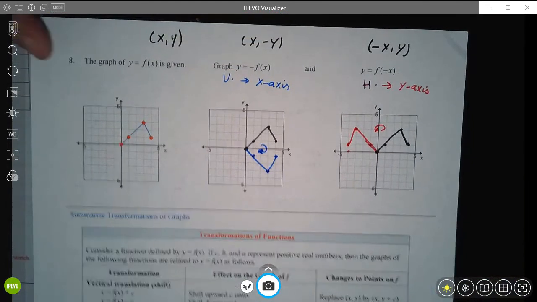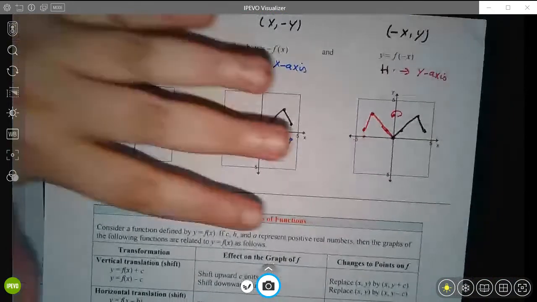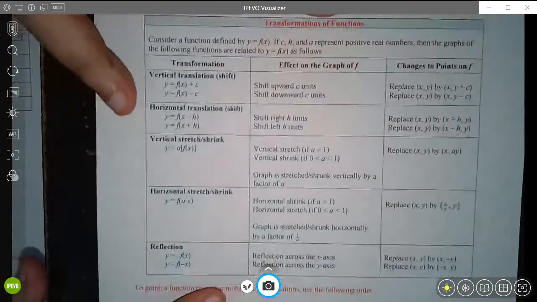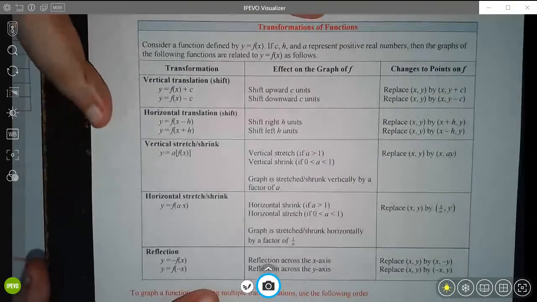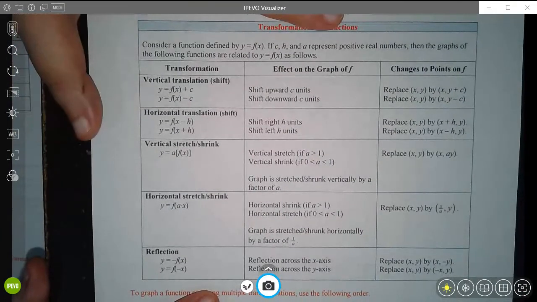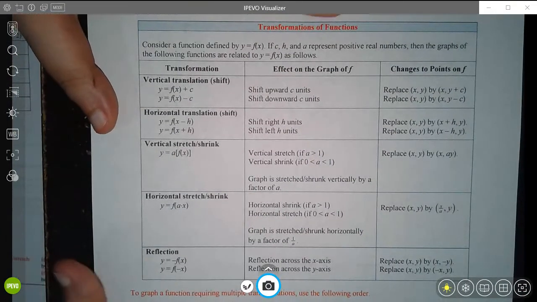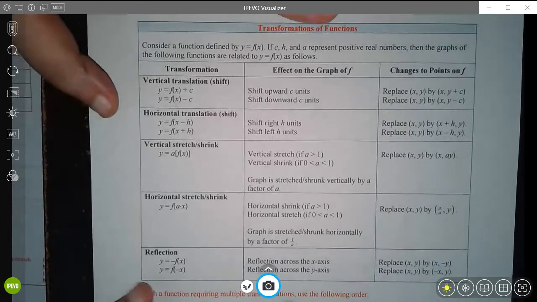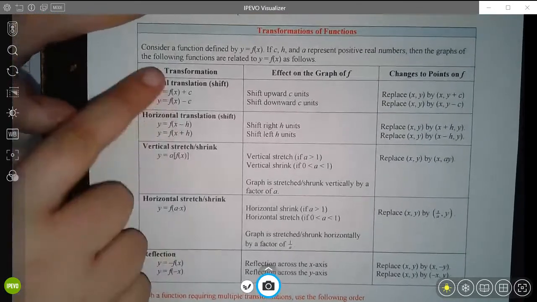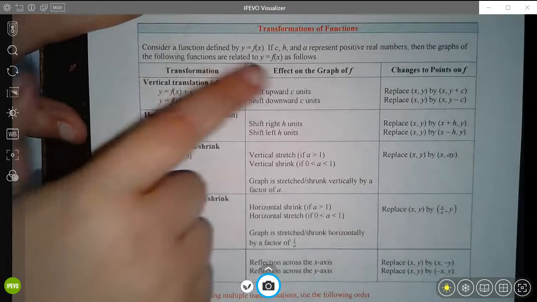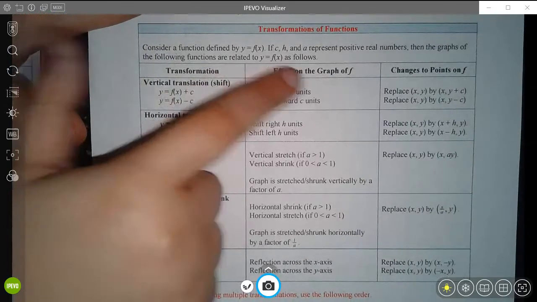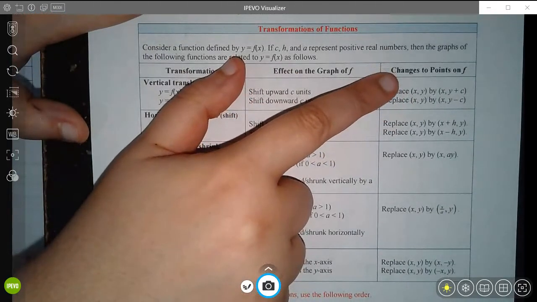Okay. Now here's the best part of the notes. This table right here has every single thing I said so far. I'm trying to make studying easier on you, because I know this can be a little confusing. So here you have the transformation, how it affects the graph of the function, and how it looks on the points.